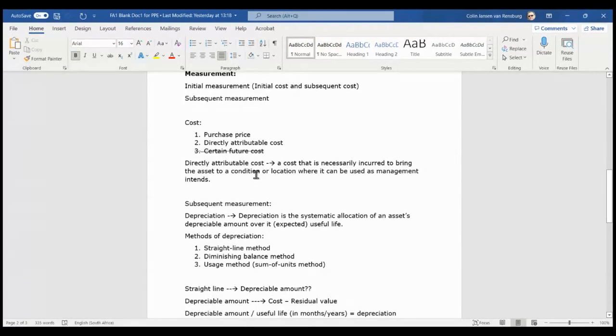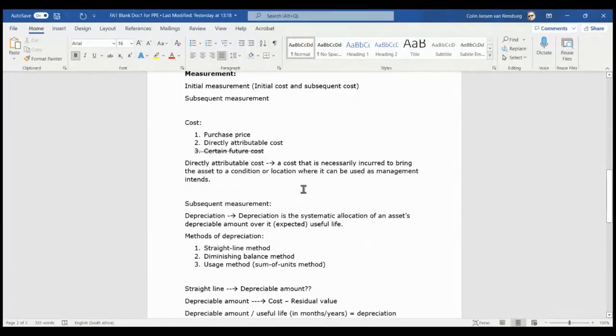But the discussion will be the same as what we are doing now. And then we also mentioned certain future costs. I just drew a line through that because we're not going to discuss the certain future cost in financial accounting 1. So those are the two factors that we have to add together to determine the cost of our property, plant, and equipment. We're going to be putting that into practice when we do our first class question, which will be next week.